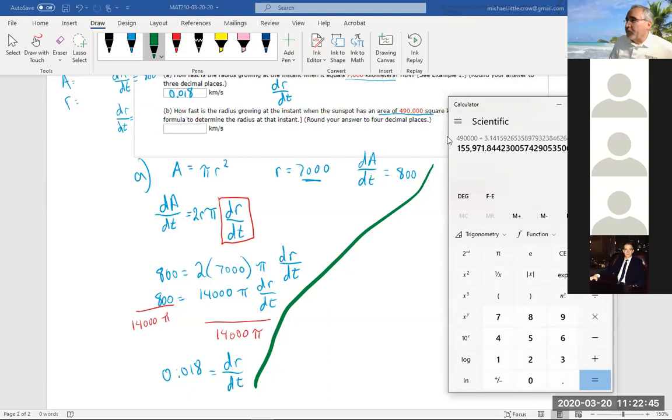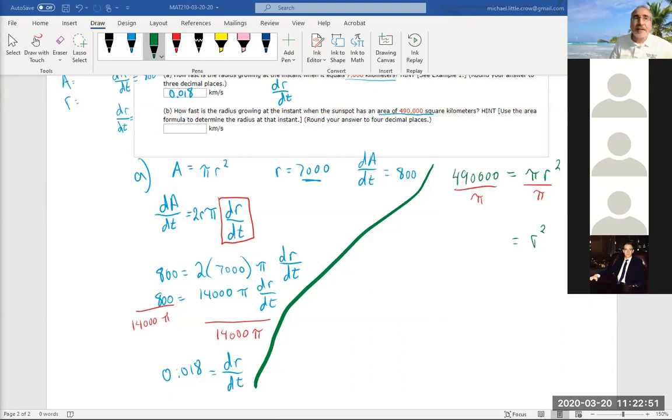I'm going to go out 4 decimal places. So we came up with 155,971, not 974. Yeah, that's what I got as well. 155,971.8442. Yes. Okay, good.